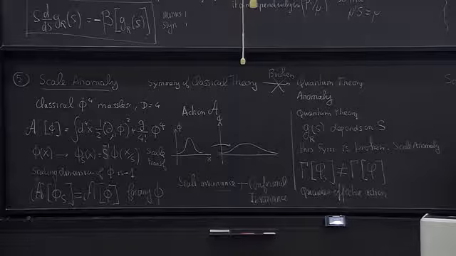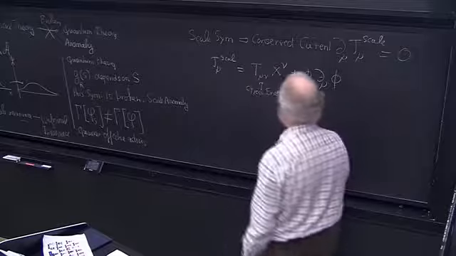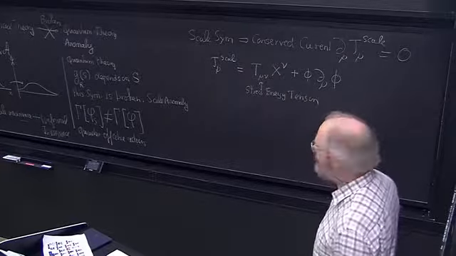You find that this is T^μν x_ν, where T^μν is the stress energy tensor, the conserved current of translation of the theory, plus φ ∂^μ φ. That's a classical theory.